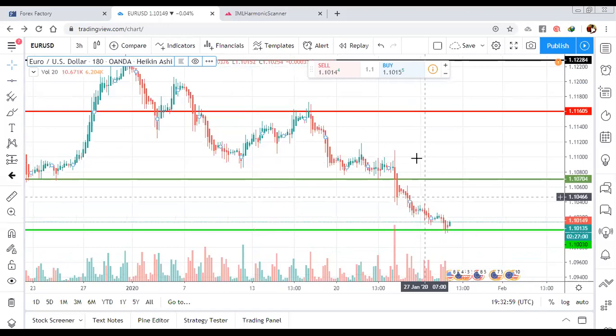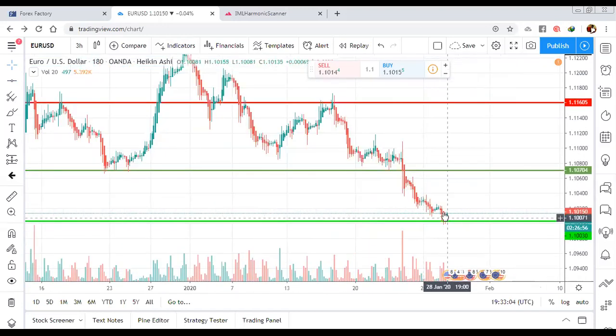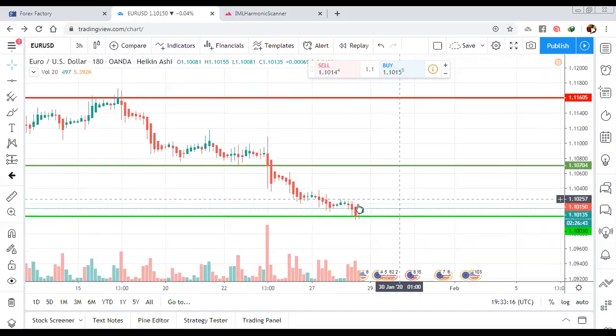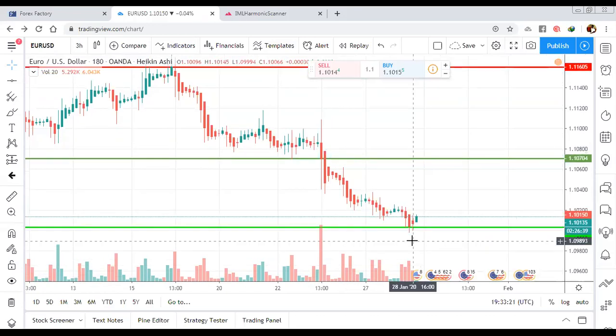Now, I placed 4 lines here, and this is where the Euro USD market currently is right now. So now this is like a floor in the market.